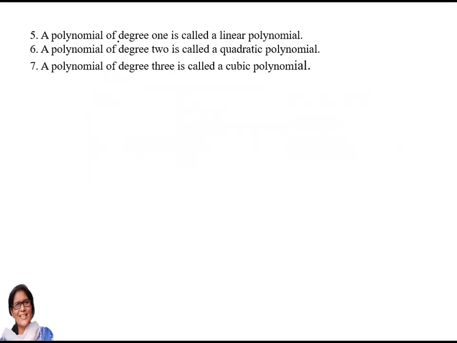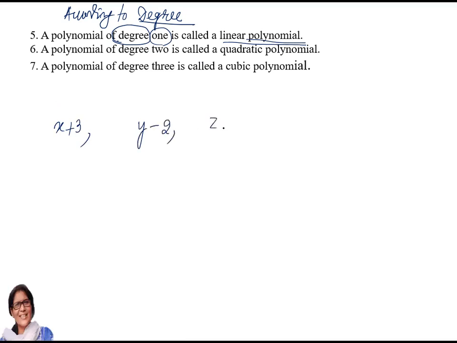Similarly, a polynomial can be classified according to the degree also. According to the degree, we can name a polynomial. If it is degree 1, then it is a linear polynomial. For example, x plus 3, y minus 2, z plus 3z plus 5. These are linear polynomials.